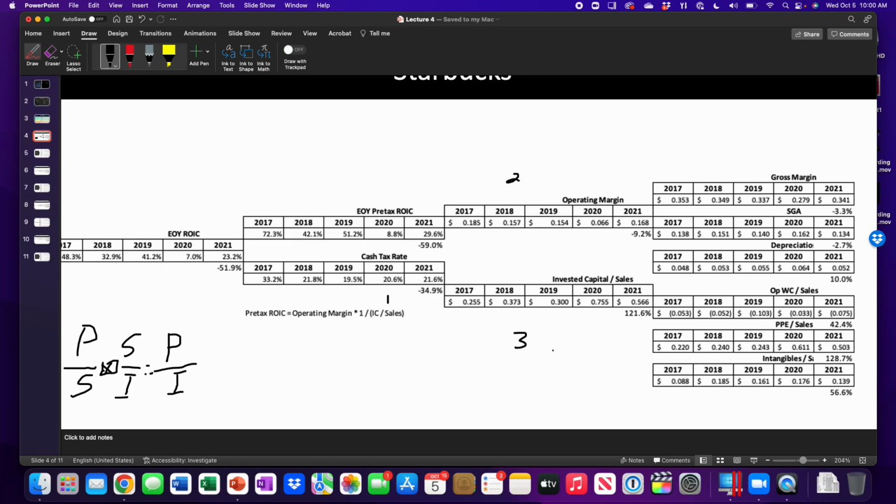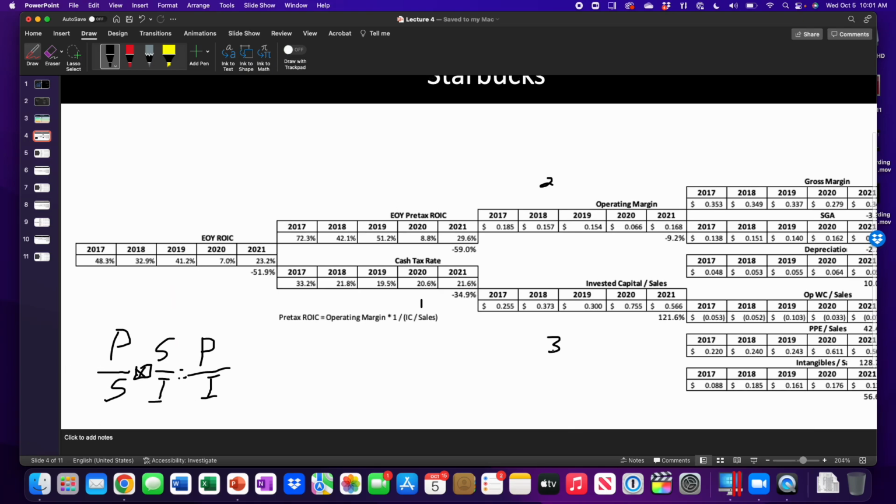It was slightly benefited by a lower tax rate, as they paid basically 21.6 cents in taxes versus 33.2 cents, primarily due to the Trump tax cut, right? And basically saw their overall after-tax ROIC fall from 48 to 23. That's what you need to say. That's what you need to write up. Those are the numbers you need to be talking about, and you've got to connect dots along the way.